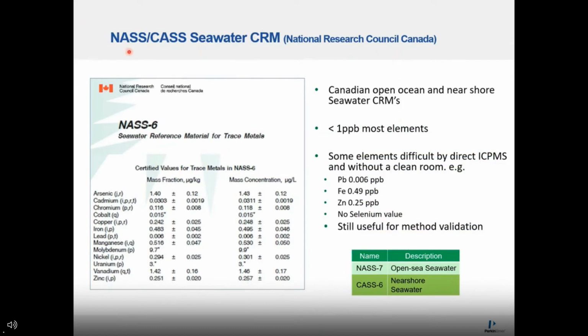The NASS and CASS seawater CRMs are from the National Research Council Canada. While there is no reference for selenium, it is still useful for method validation, and some elements such as zinc and iron are at such low levels that they would really need a clean environment to prevent cross-contamination.